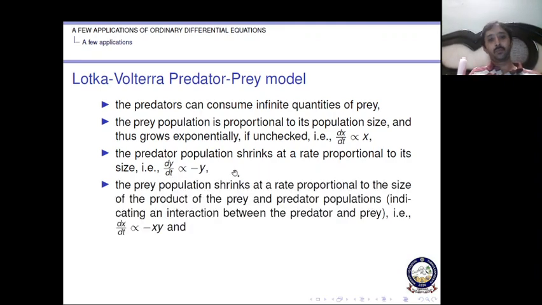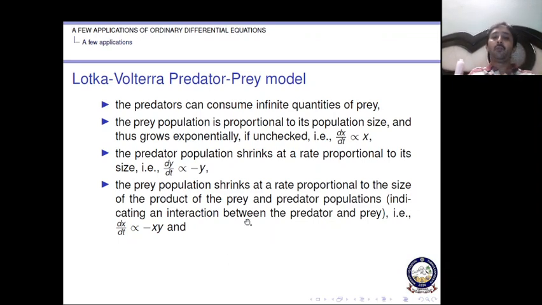Okay. The next assumption: the prey population shrinks at a rate proportional to the size of the product of the prey and predator population. Now what do you mean by the product of the prey and predator population? The product simply means that there is an interaction between the predator and prey. Interaction means the rabbits and foxes are coming together, they're getting confronted.